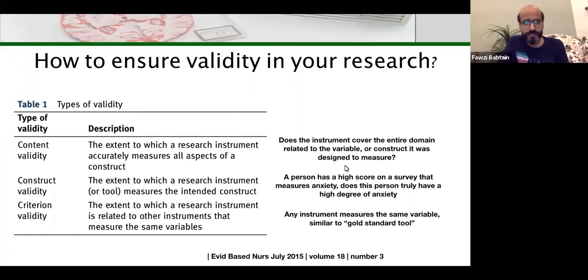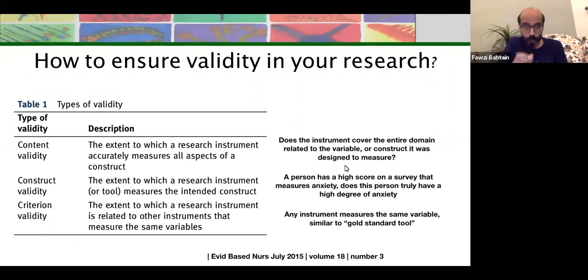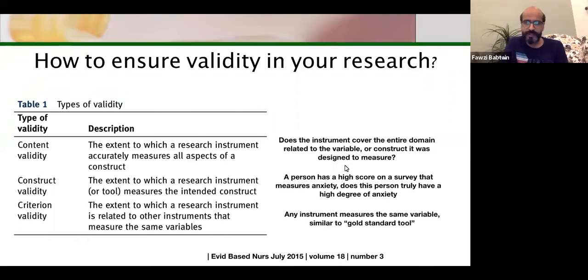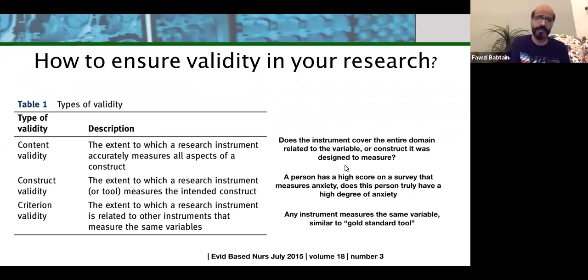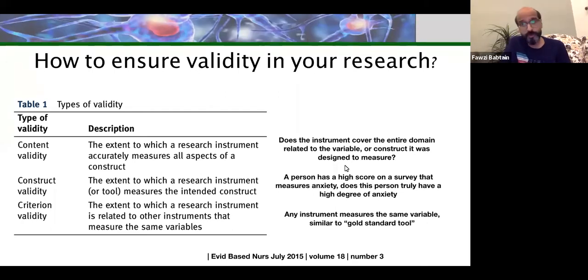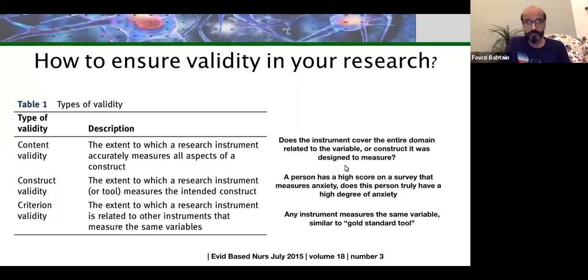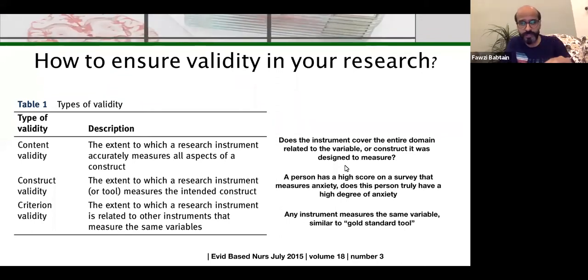On the other hand, construct validity is the extent to which your tool measures the intended construct. For example, if the score of anxiety was high, does it really reflect a high anxiety level, or does it only screen for anxiety?